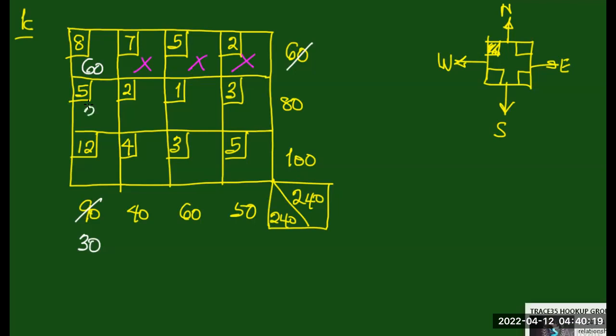So we assign the least, which is the 30. Now that we've assigned the 30, it means we've finished allocating this, so cancel it out. But here it was 80. We've taken 30 out of the 80. So we're left with 50.